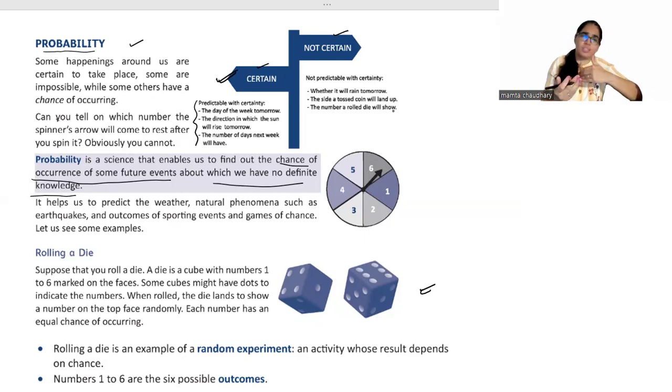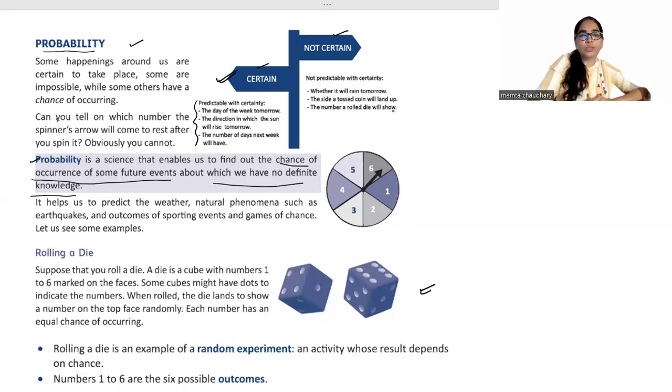What are the chances of that event occurring in the future? So that study of getting to know the chances is basically probability. Now suppose if I roll this wheel, I want to get a prime number. What is the probability of that? So now here we can identify the chance. That process is called probability.